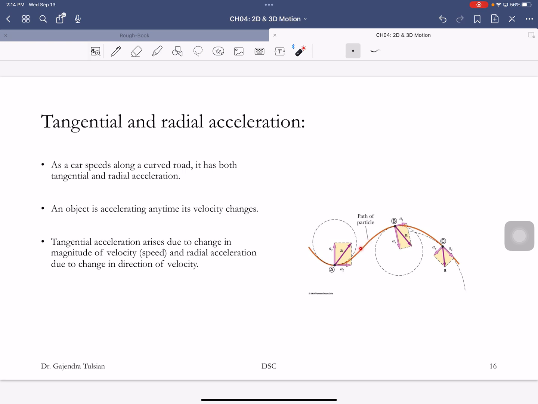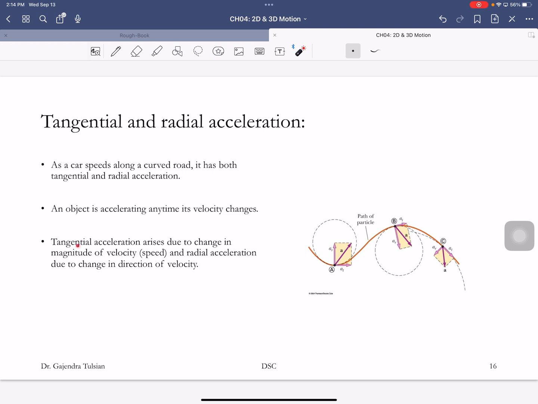So if your speed is changing, all you'll have is tangential acceleration. When you're going around the curve like that, your speed is still changing, and since the direction is also changing, there is a radial acceleration. So again, tangential acceleration, radial acceleration.